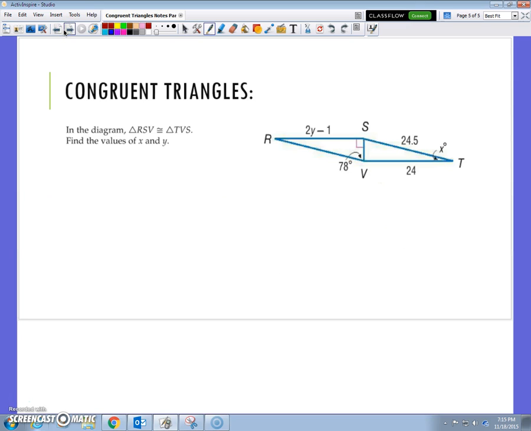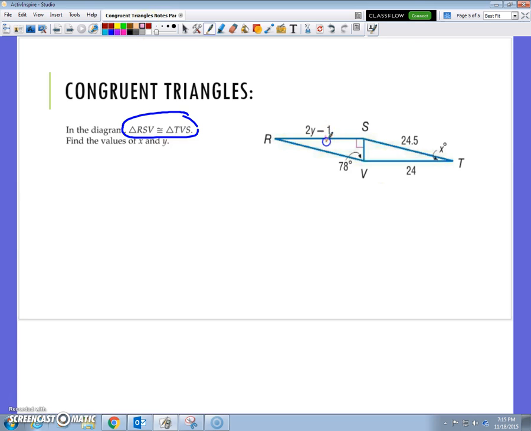So let's take a look at this last little part here. Let's throw a little algebra in the mix. If you have a good congruent statement, like in this case where it gives you the congruent statement, it should be relatively easy to find the values of x and y. I'm going to mark on my diagram. It says RS and TV should be equal.